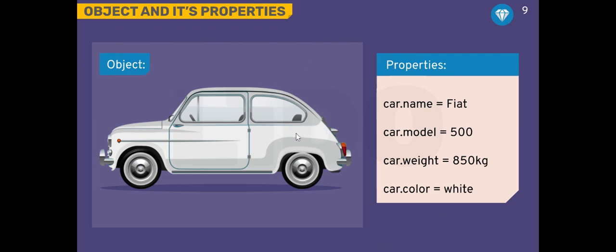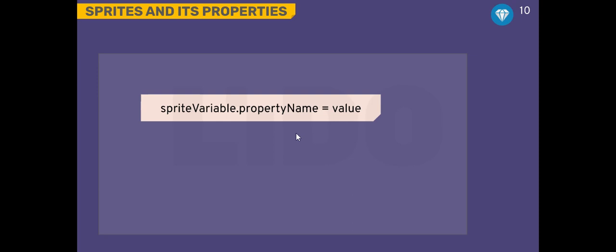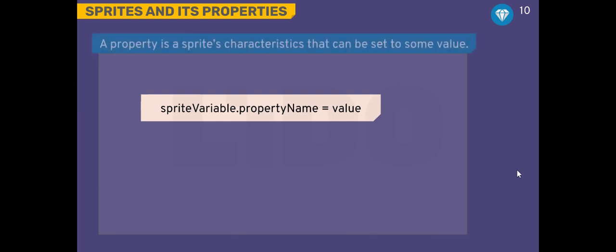Now, the same we do with sprites and their properties. Here we can give any name of the car like Bugatti, Lamborghini, Scorpio, Bolero, Suzuki. There are so many brands in this world.